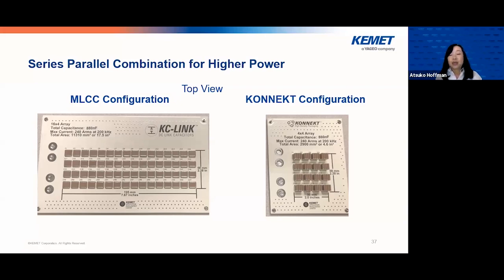But we offer some solution, what we call the Connect technology, and it's a leadless stack technology. And you can get the same capacitance and the same ripple current capability by using Connect technology. But as you can see, it's a 4 by 4 matrix, and you can save a lot of space. So if you don't have space, we have some solution.